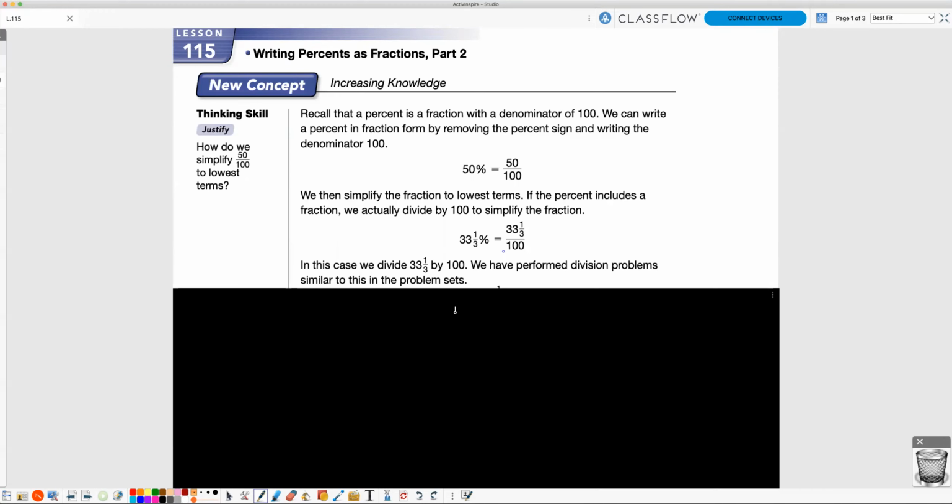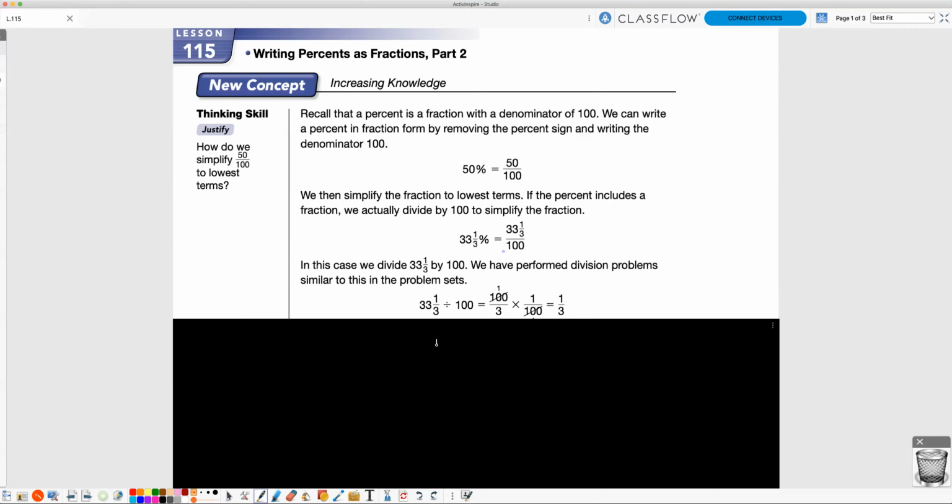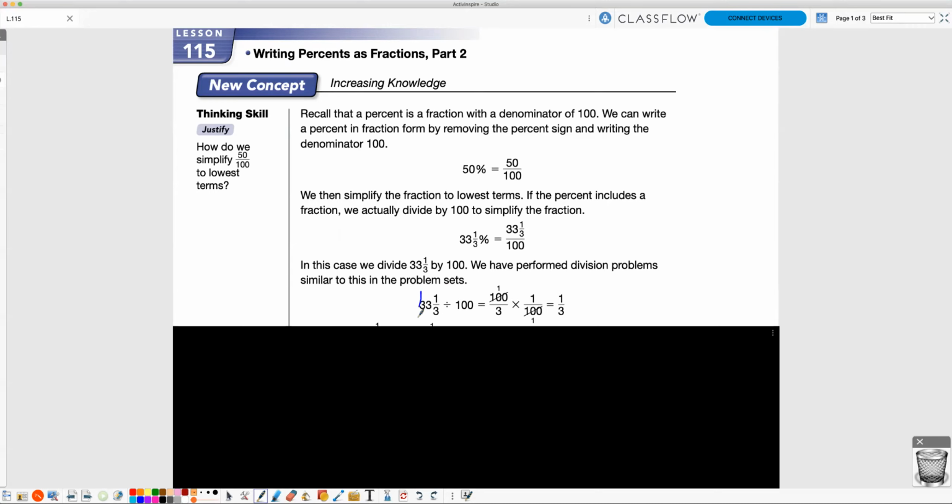We have performed division problems similar to this in problem sets before. 33 1/3 divided by 100 is the same as 100 over 3, which is what 33 1/3 is, multiplied by the reciprocal of 100, which is 1 over 100.